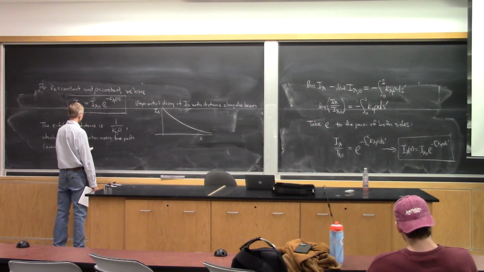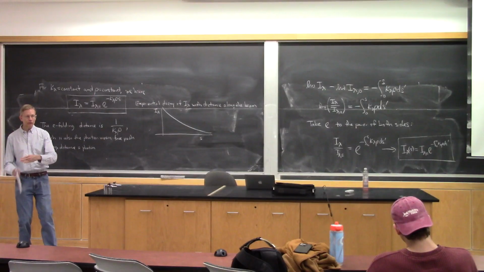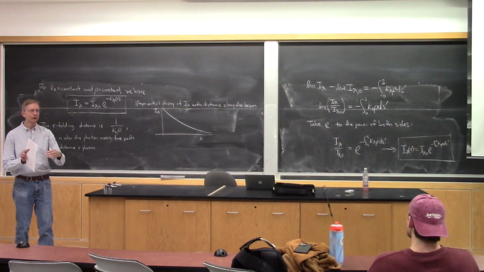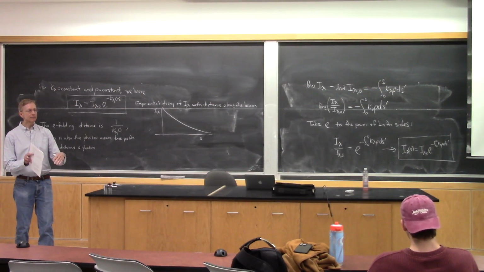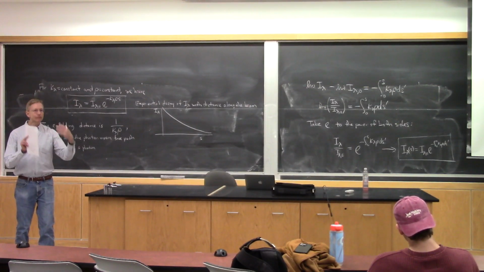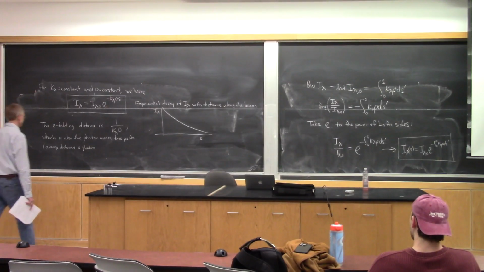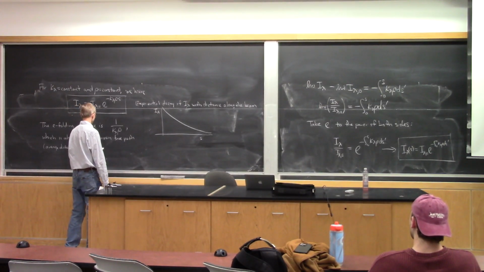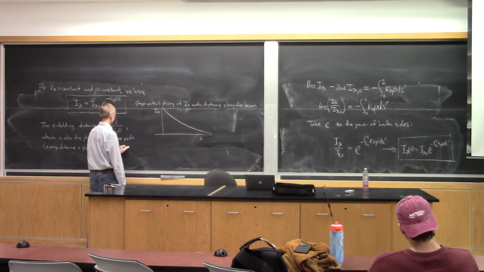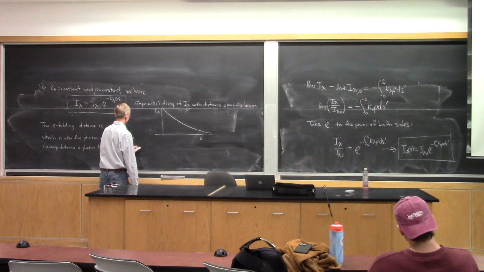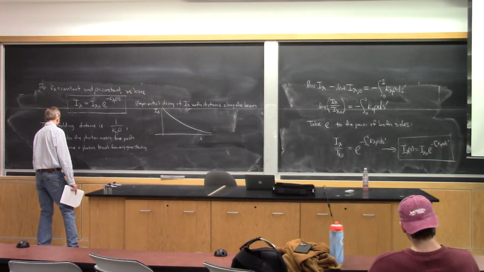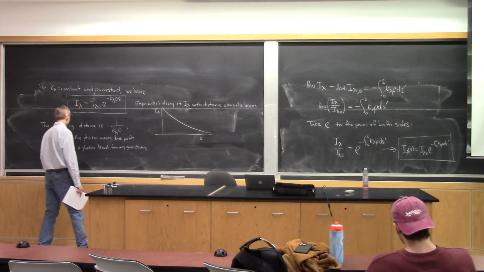And again, it doesn't matter where you start. All that matters is if the photon has survived to that point, for all the photons that have survived to a given location along the beam, 1 over kappa lambda rho is the average distance that any given photon will travel from any given starting point before being absorbed or scattered out of the beam.